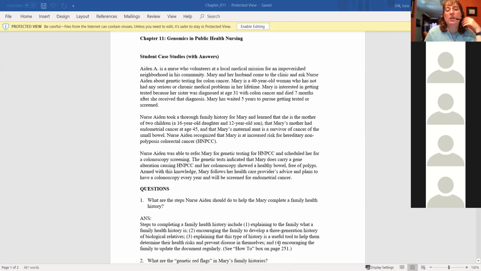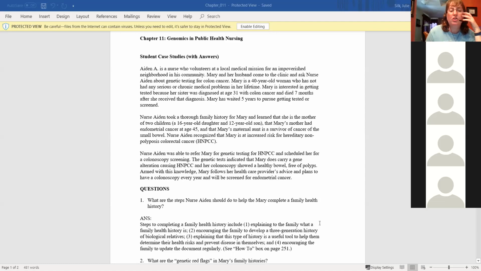Explaining that this type of history is a useful tool to help them determine their health risks and prevent disease in themselves, and encourage the family to update the document regularly. So it's kind of a neat thing. If you actually had one done and you kept up with it and kept updating it, it would be a nice thing to pass down to other people in your family.